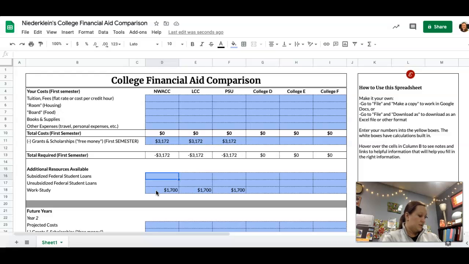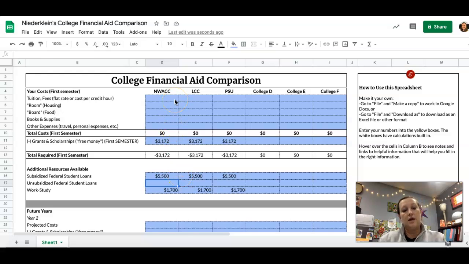The direct subsidized Stafford loan is the $5,500. I want to avoid taking loans if at all possible, because I don't want to pay them forever. But it would be there. I'm going to include that in a different section.